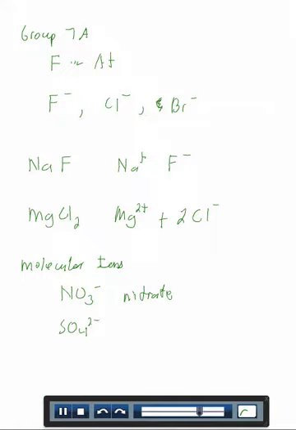So if I was going to form a compound between sodium and sulfate, since sulfate has 2- charge, sodium only has +1, so I would need 2 sodiums giving a total of +2 charge, and 1 sulfate with this -2 charge to give a compound.